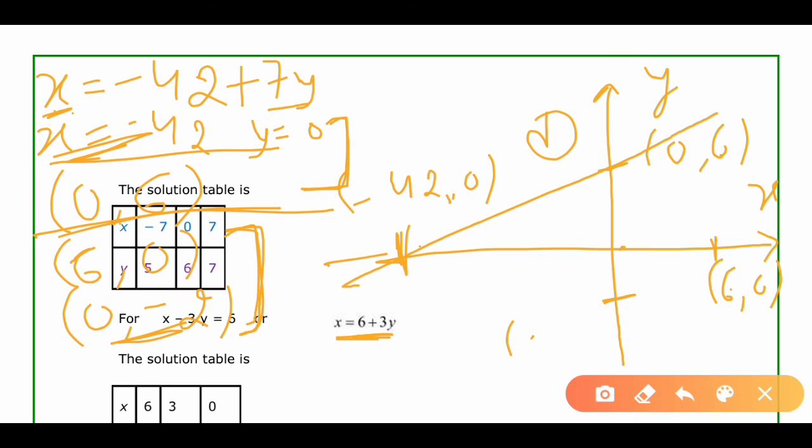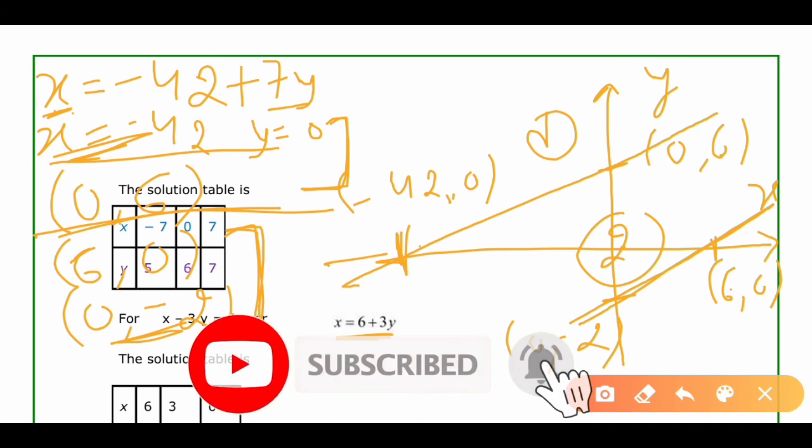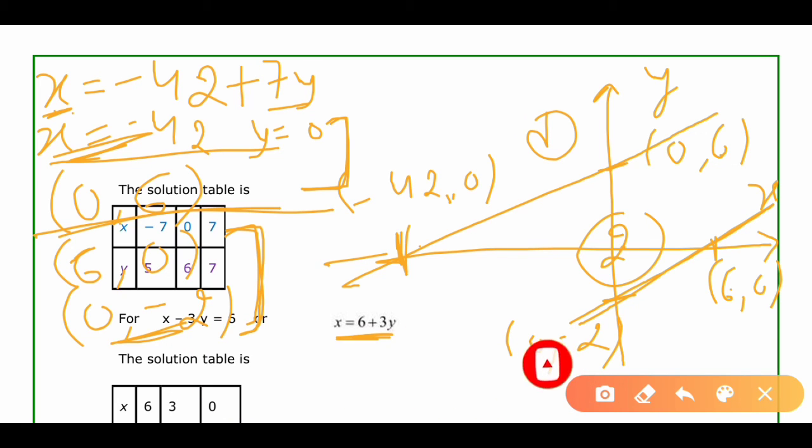Now we will join these 2 points, so this time we get the second equation. So using this method you can easily get 2 lines in the graph. Clear?